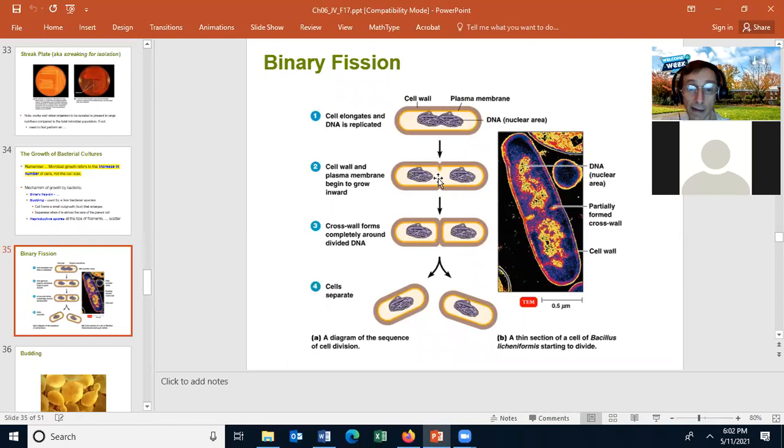And the cell divides straight down the middle. And that cell wall and cell membrane grows right down the middle of the cell until we get 2 separate cells, and then they can separate, and we have 1 cell dividing by binary fission into 2 cells. And here's an actual electron microscopic picture of this process of binary fission.